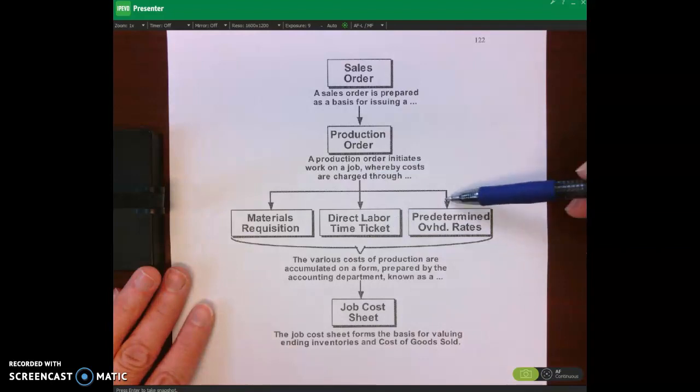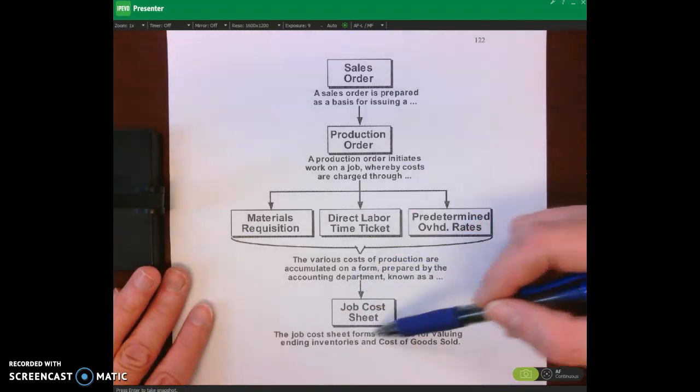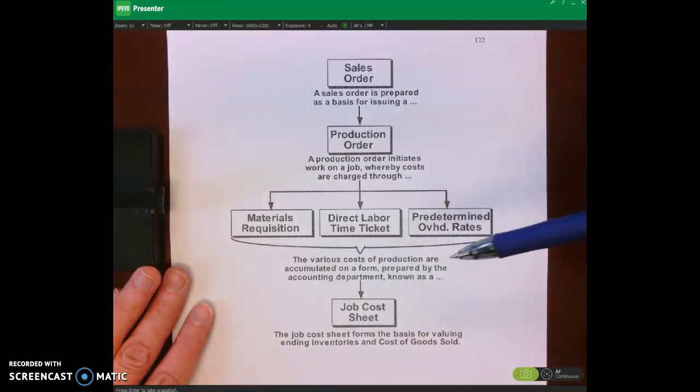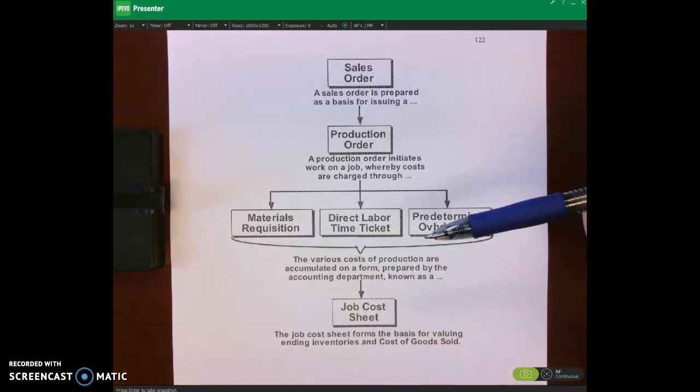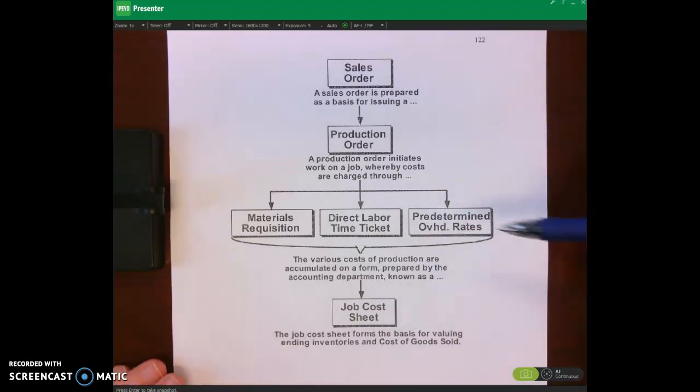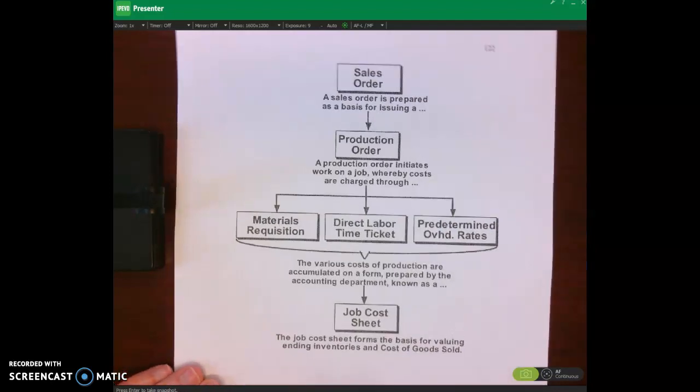And then we can also start to charge overhead to the job. And this is something we'll talk more about in some lecture videos for this chapter. And then we hold all of those costs in summary level at the job cost sheet. And our job cost sheet is used for helping us value our ending inventory, our finished goods, our work in process, and of course also our cost of goods sold. Okay?